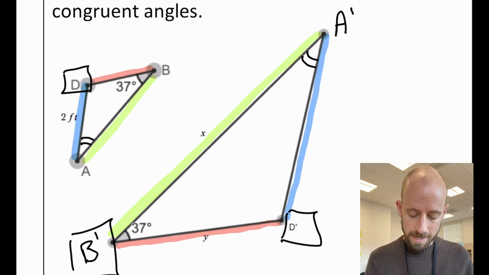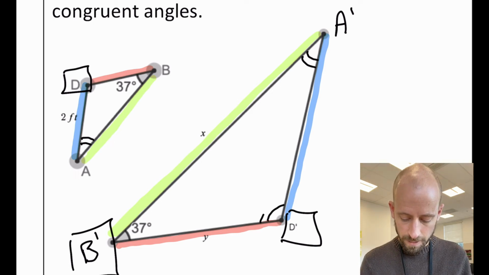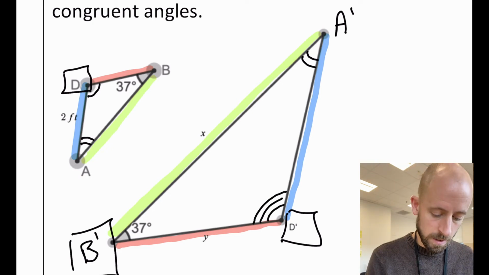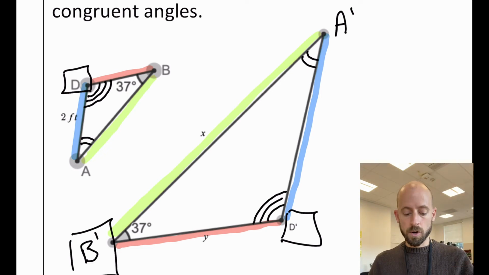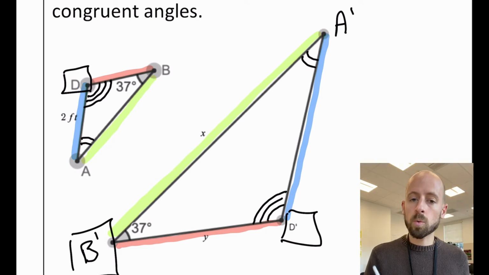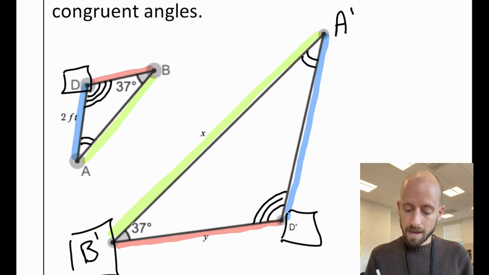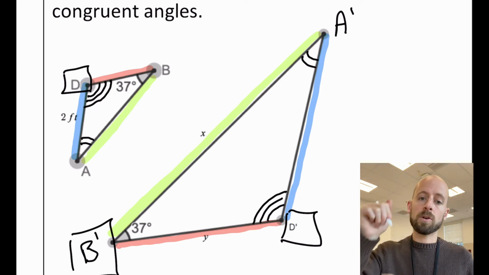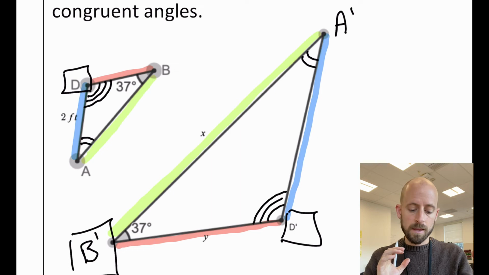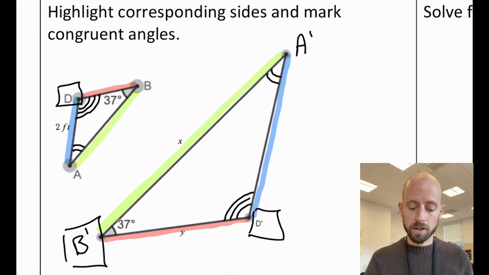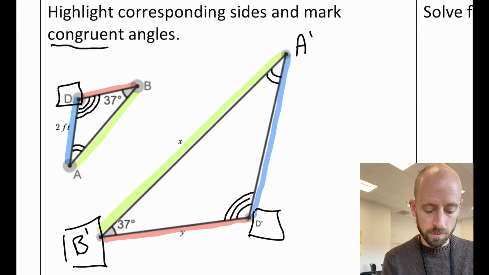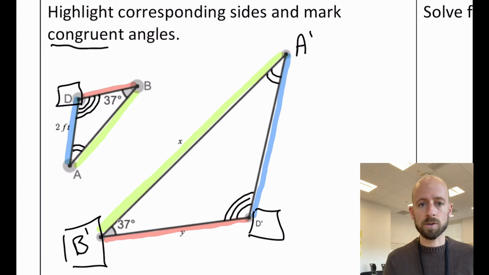And we have this last one here. I'm going to put a triple arc there to show that these angles with the triple angle marks are congruent angles. If I knew one measure of that angle in one triangle, I would know the other triangle. So they not only match up, but they are congruent. So congruent angles, and then the sides are gonna be proportional.